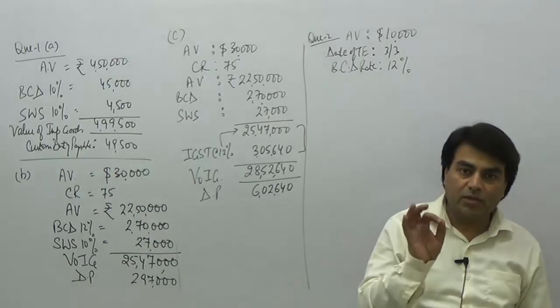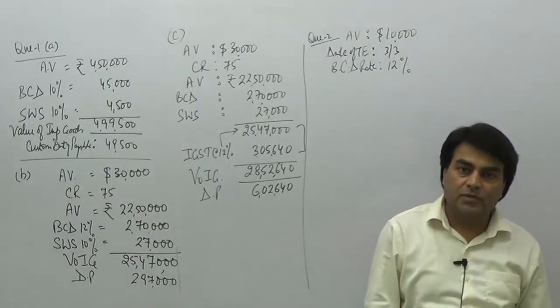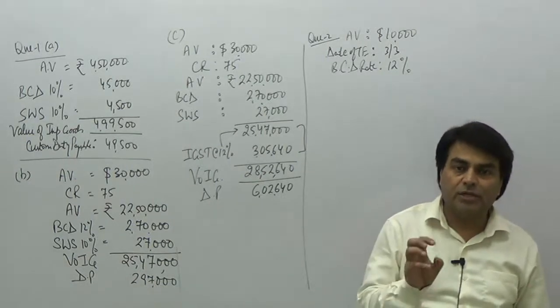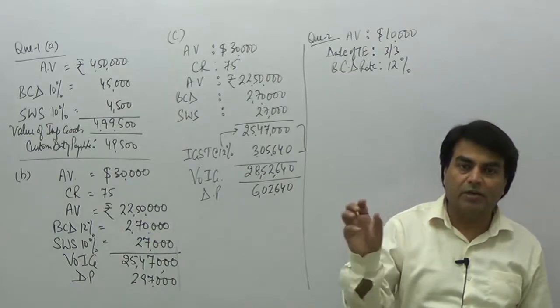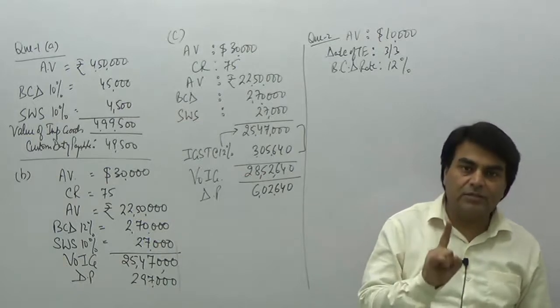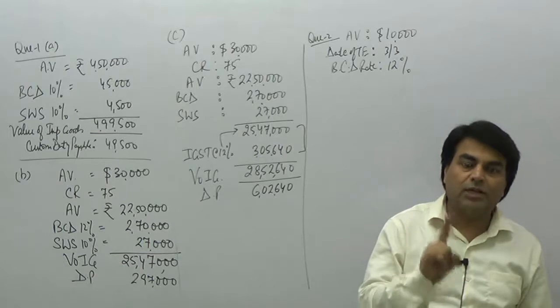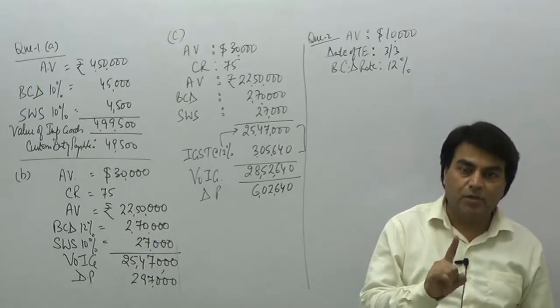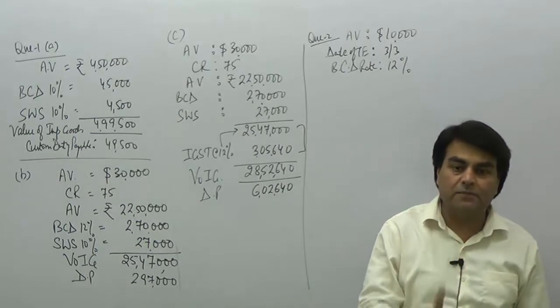Never ever take the rate given by RBI. There may be a situation that the question would give you the conversion rate given by RBI and the conversion rate given by CBIC. If it is so, then you must choose the conversion rate given by CBIC. You should never take the conversion rate given by RBI.